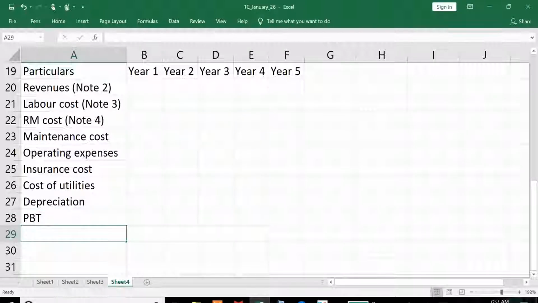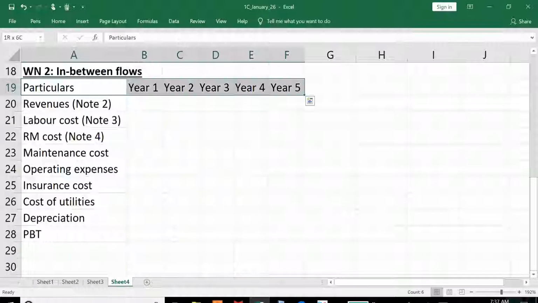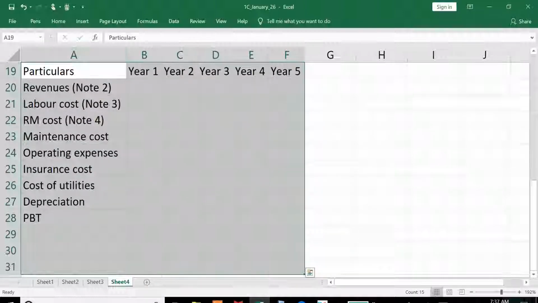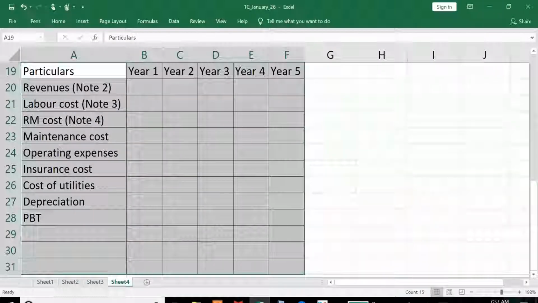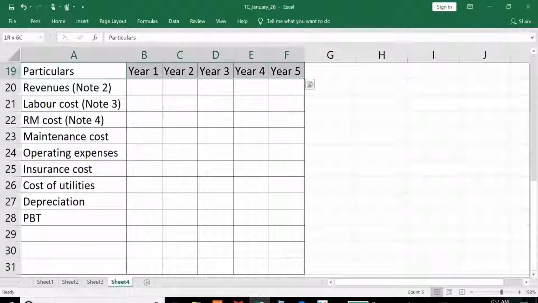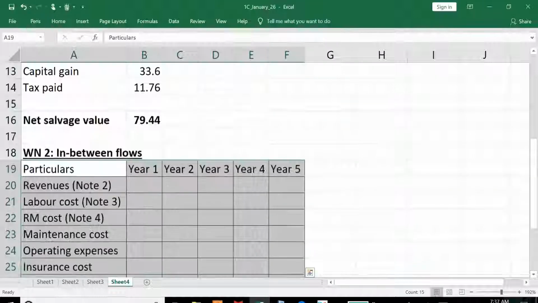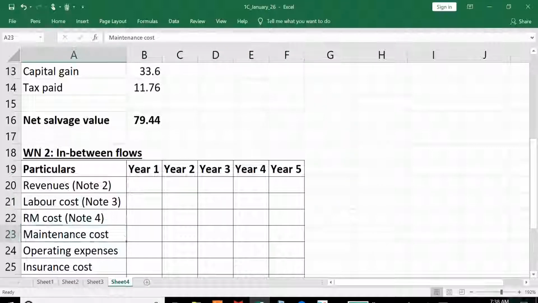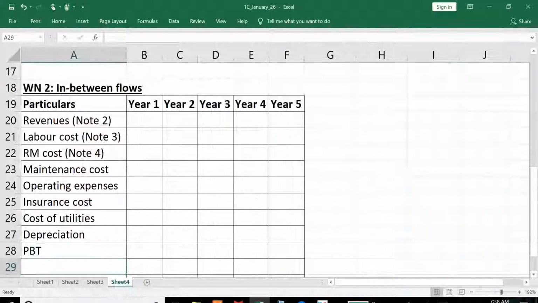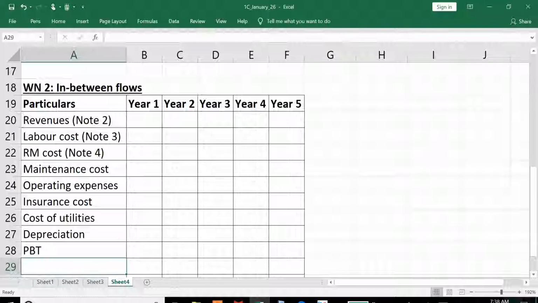Now write this format. We will do a separate working note for every line item here. Particulars, year 1 to year 5. If needed, we will do a separate note, or we can do the calculation in the calculator. We'll see depending on the question. I'm just copying those numbers which are given: revenues, labor cost, raw material cost, maintenance, operating, insurance, utilities, depreciation and PBT.